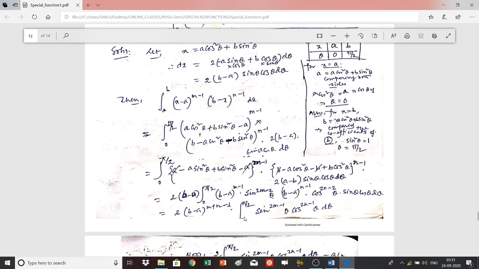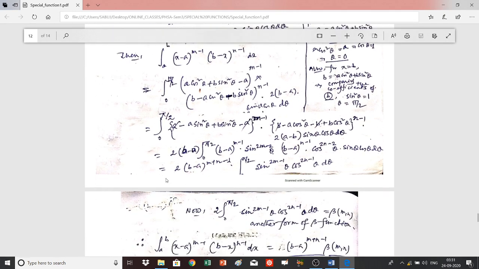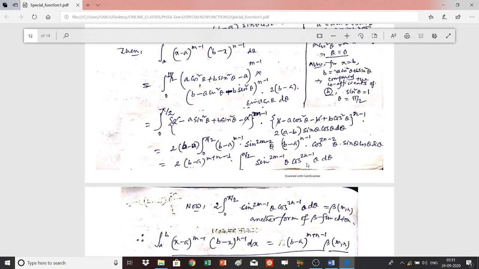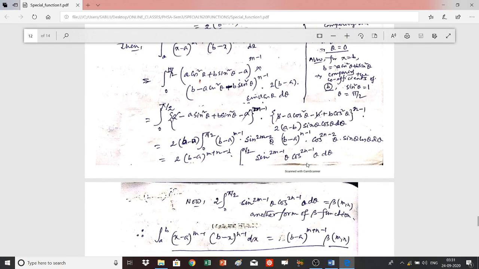n minus 1, 0 to pi by 2 sin to the power 2m, here is a sin theta, also here another term, so sin theta to the power 2m minus 1 and cos theta to the power 2n minus 1 d theta. You know these two into this term actually gives you the value of beta m, the alternative definition of beta m.